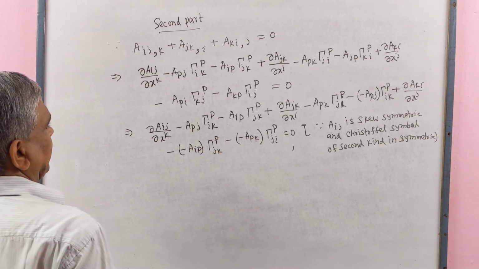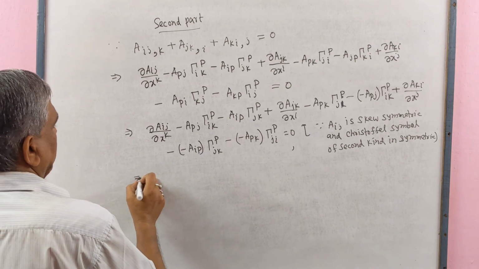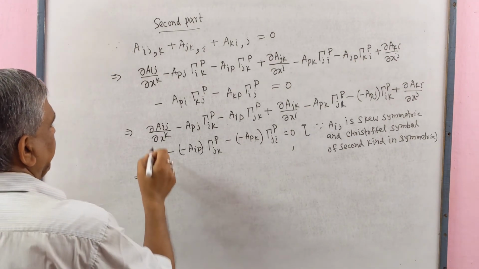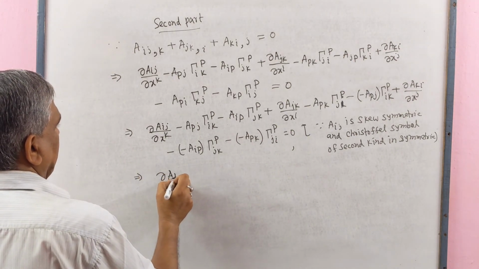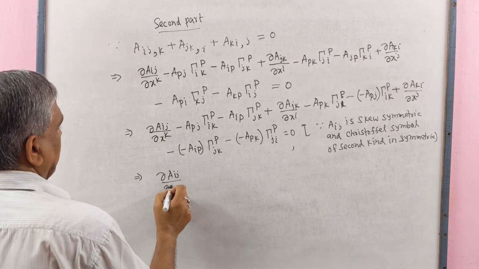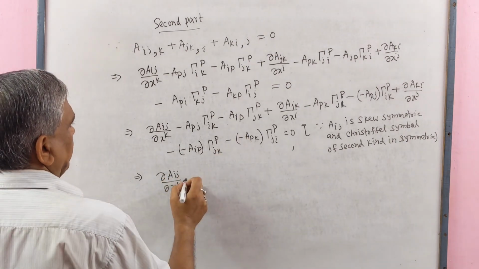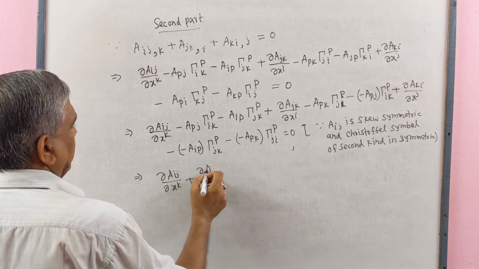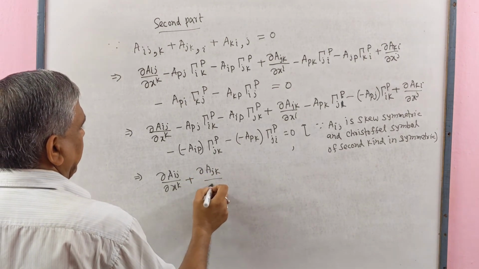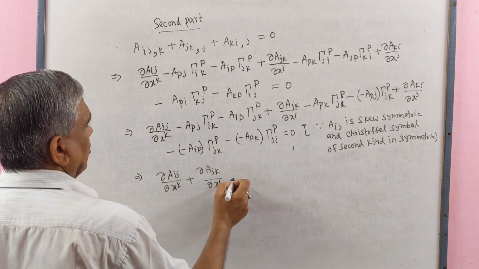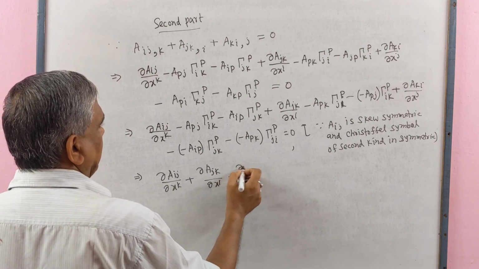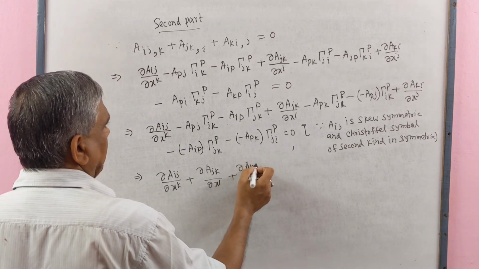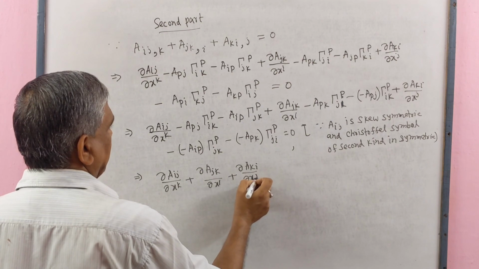So we may cancel some terms, only ∂a_ij/∂x_k plus ∂a_jk/∂x_i plus ∂a_ki/∂x_j remains.